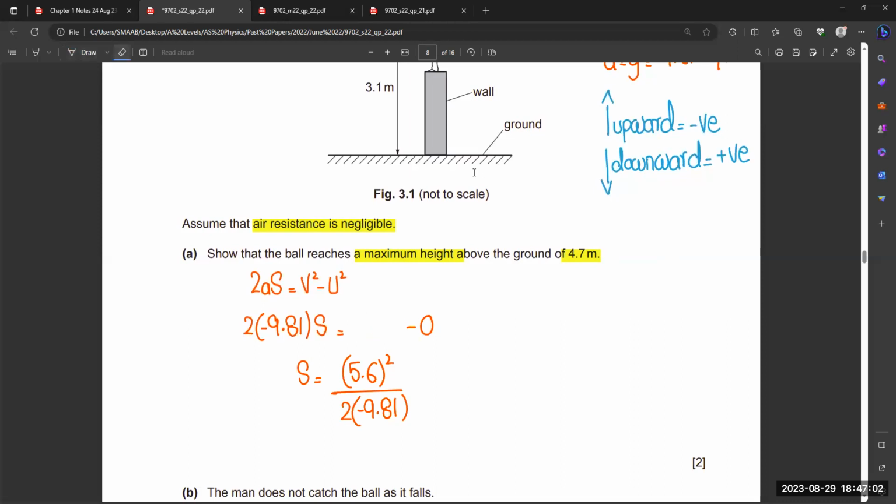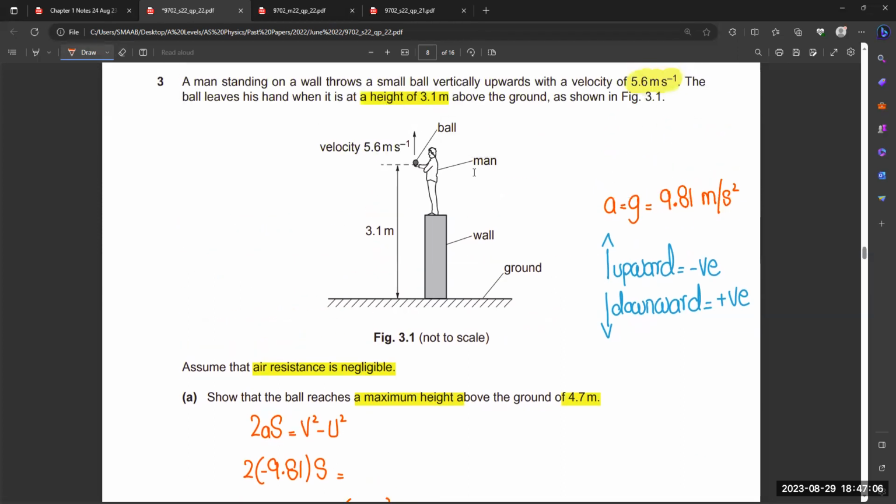Basically, one more thing, we made a mistake over here. In the question, they write a man is standing on a wall, throws a small ball vertically upward with velocity above the ground. So when the ball reaches the maximum height, the ball starts with some velocity, that is 5.6, because that is the velocity with which the ball is thrown in the upward direction, right?